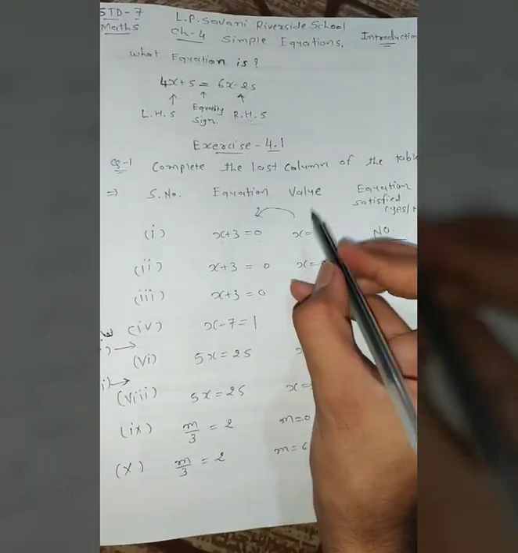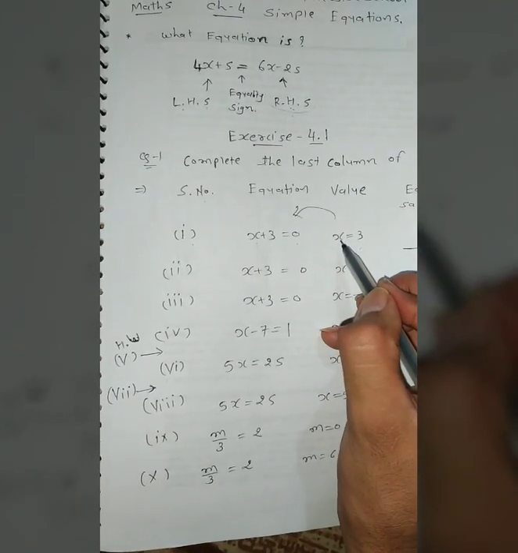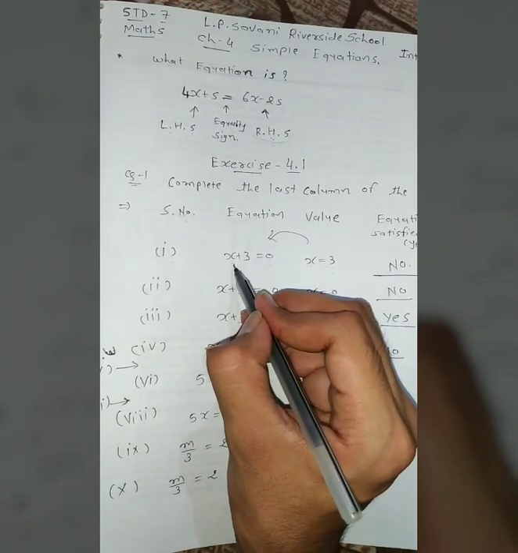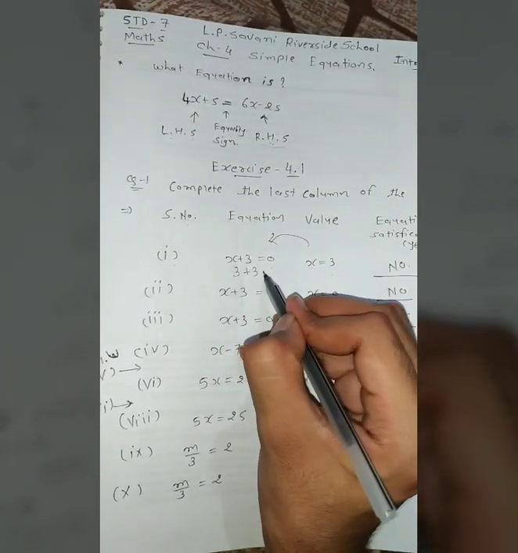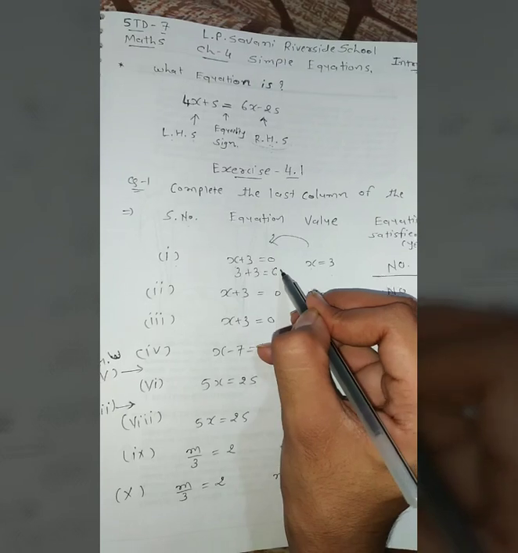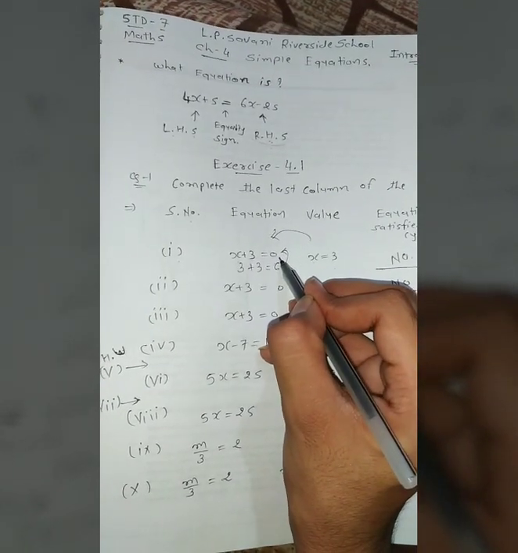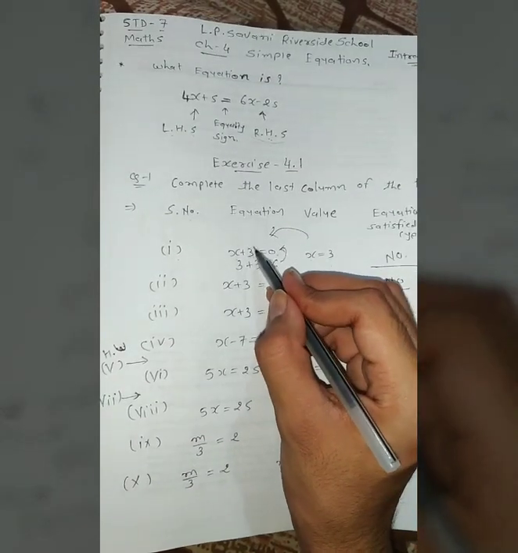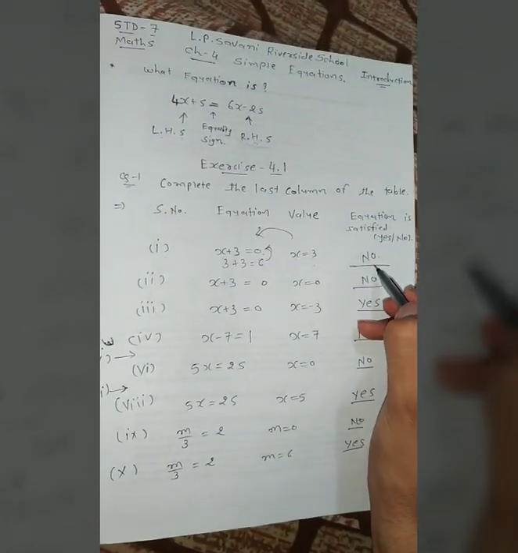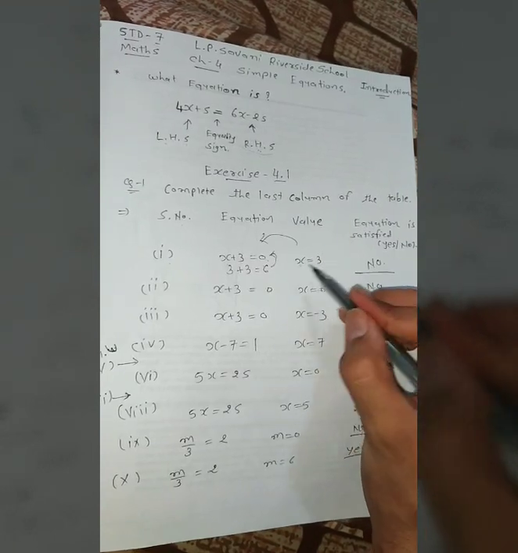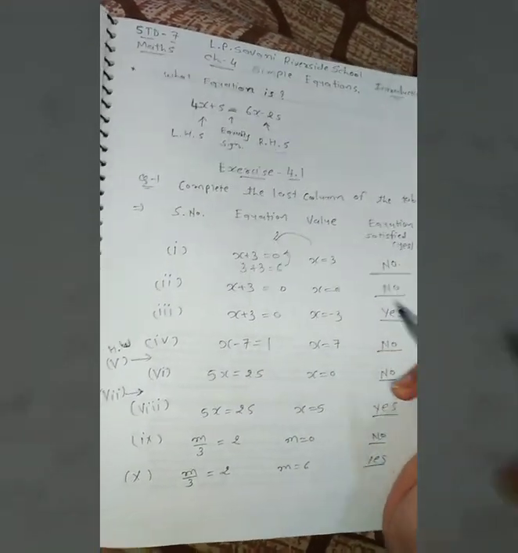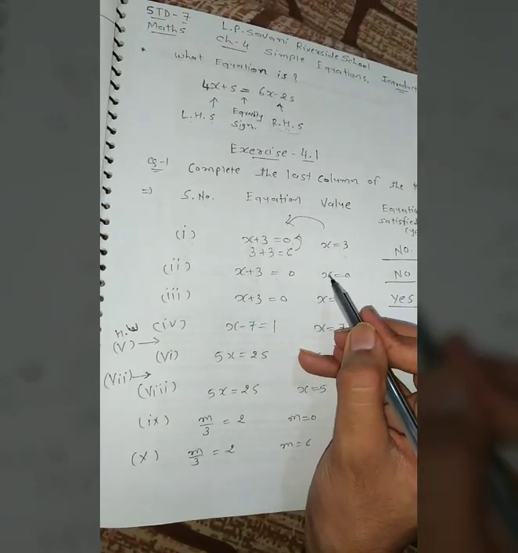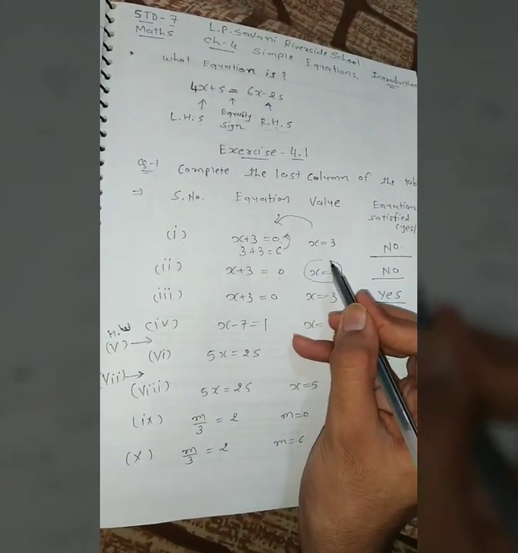Just put the value of x is equal to 3 here. So 3 plus 3 is equal to 6, but here there is a 0. So this value is not satisfying this equation. Our answer is no. We take another example. x plus 3 is equal to 0 and the value of x is equal to 0.